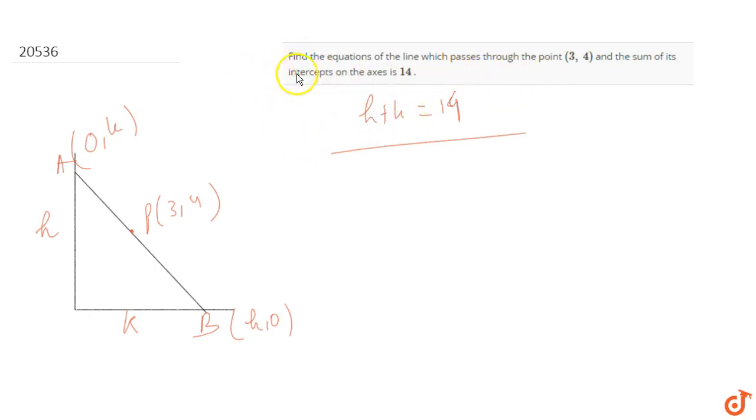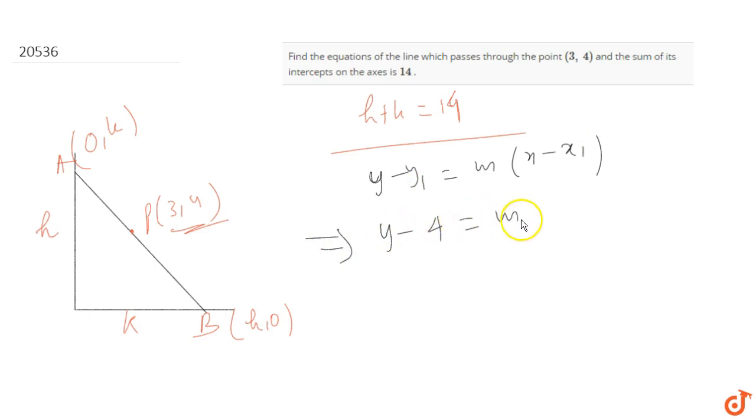So now we will try to find the equation of the line passing through point P(3, 4). We know that the equation of a line passing through a point (x1, y1) is y minus y1 equals m times (x minus x1). Our y1 is 4, m is not known, and x1 is 3.